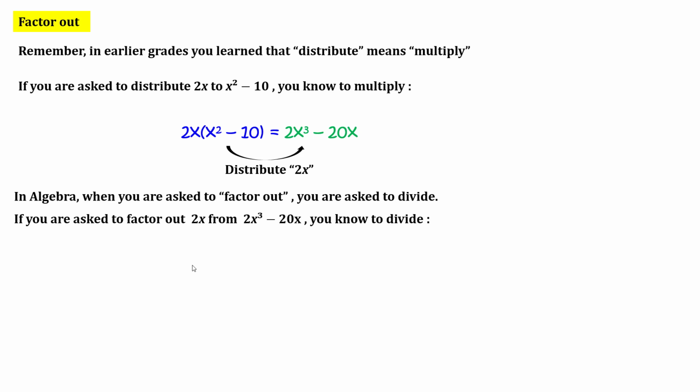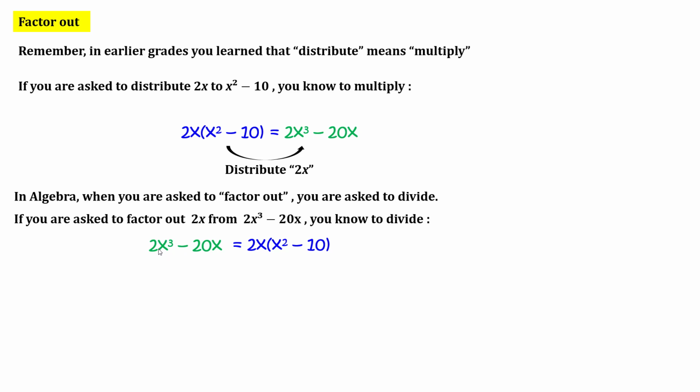But first I want to show you what the final product looks like. By the way, this is the language you will be asked: factor out 2x from 2x cubed minus 20x. So you will be asked to factor out one thing from another, and you'll know to divide. I'll tell you how to factor out in the next example, but this is what the result will look like.